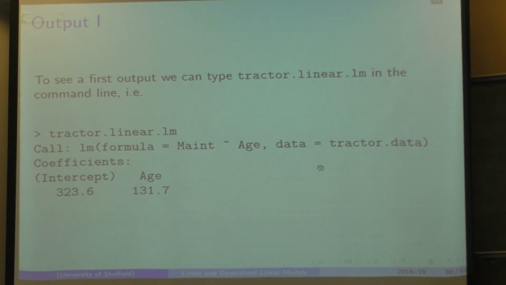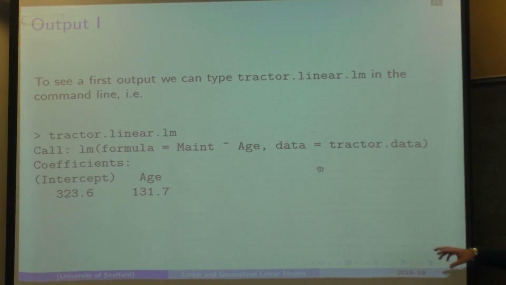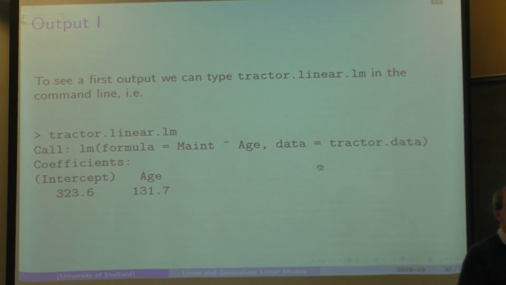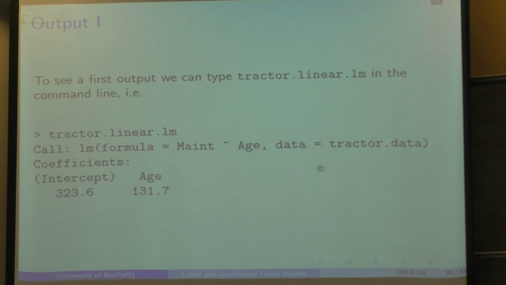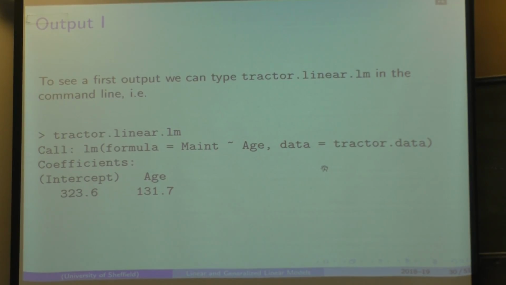So the first thing this gives you is the call, which means the model that you asked R to fit. So formula equals mate tilde age. That's just a slightly expanded version of what we entered into R when we ran the lm command in the first place. So there's no more information in the call line that we don't already know.